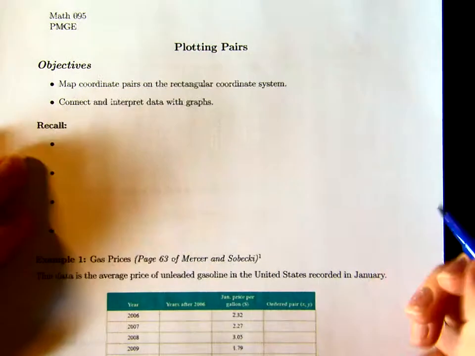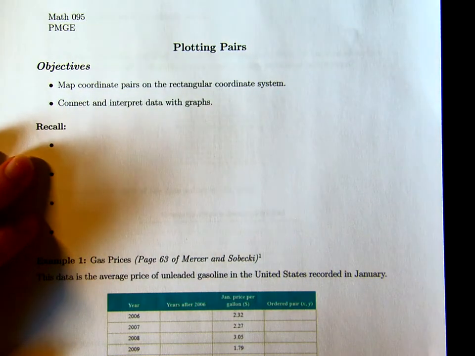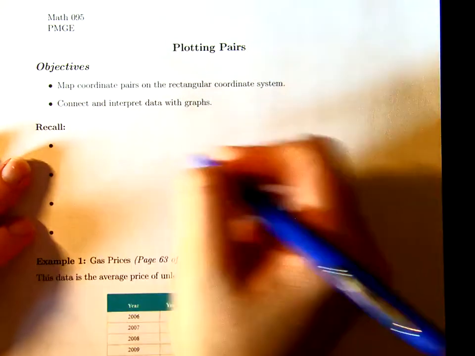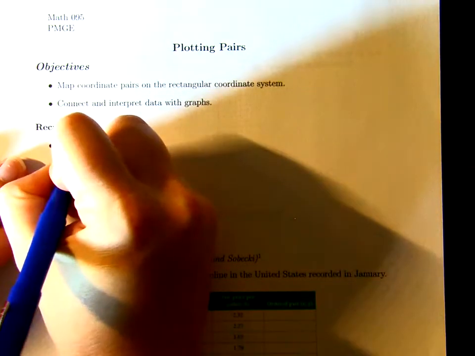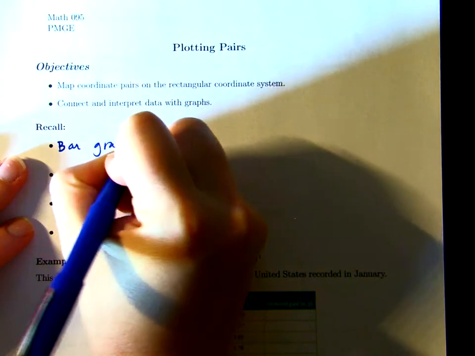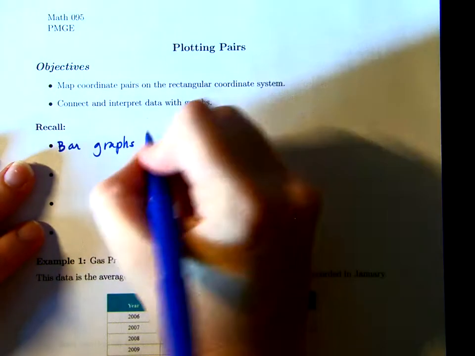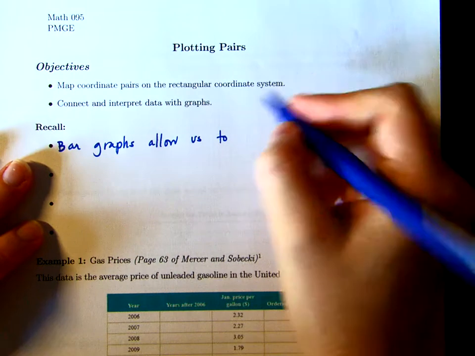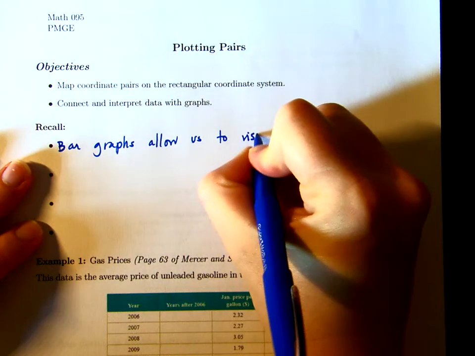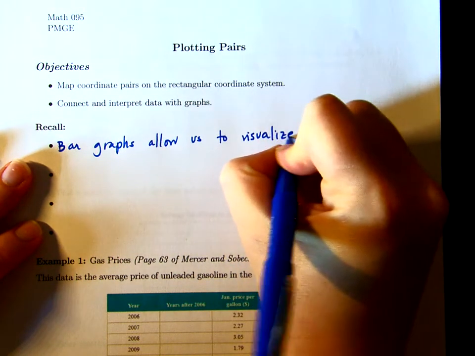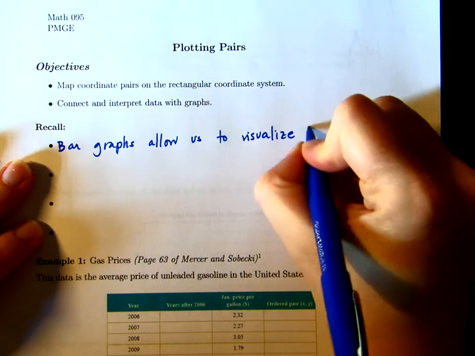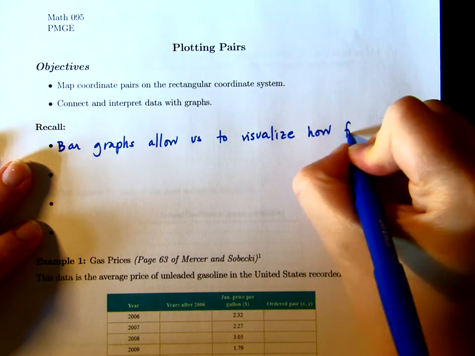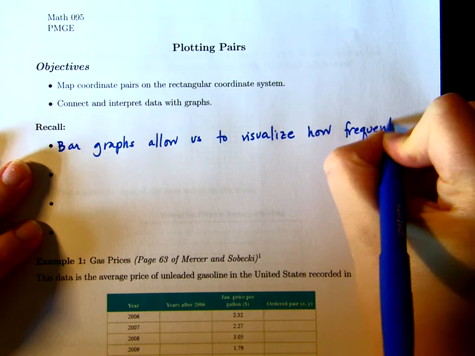My first recall is this. Bar graphs also allowed us to visualize how frequently something occurs.